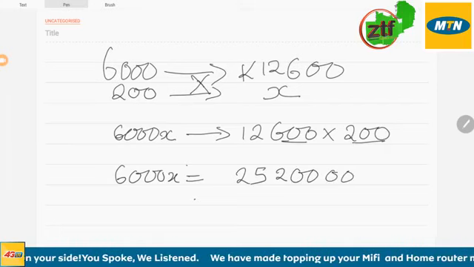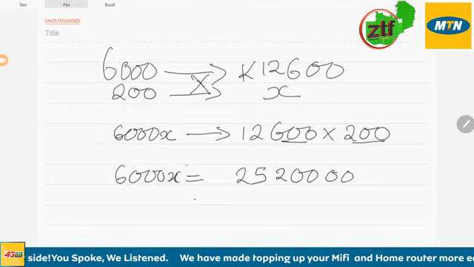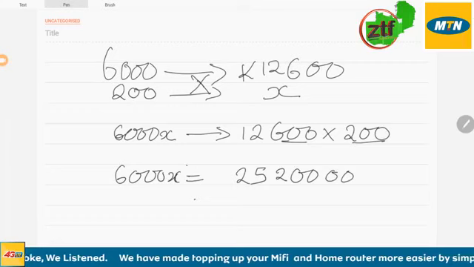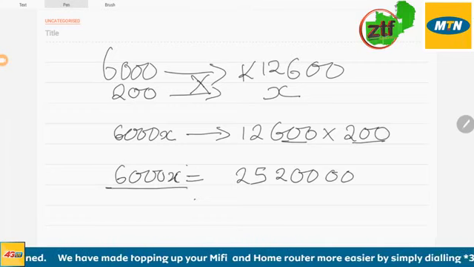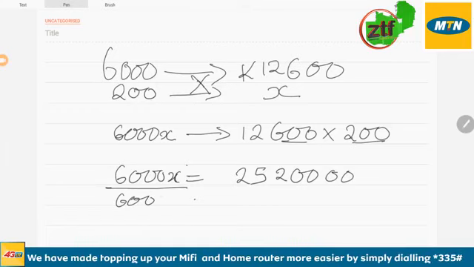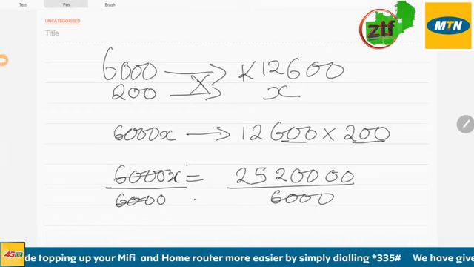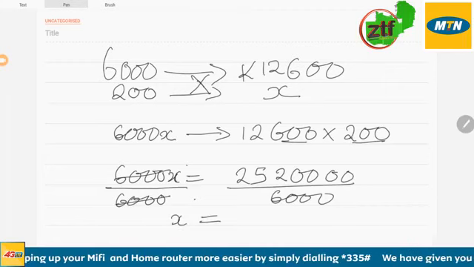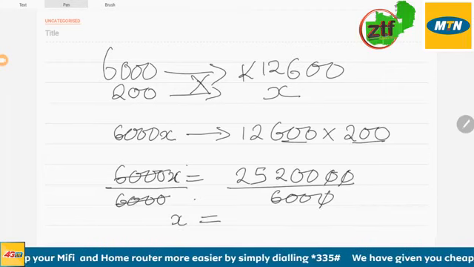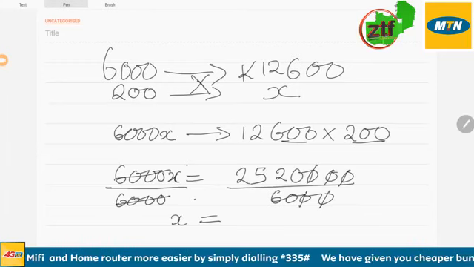The next, since we are looking for the value of x, which is asking us to find how much Magula had spent to buy the 200 shares, we are going to divide 6,000 throughout, also by 6,000 here, so that we have x equals, now you can see that this will eliminate, this and that will also eliminate, this and that one will also eliminate.